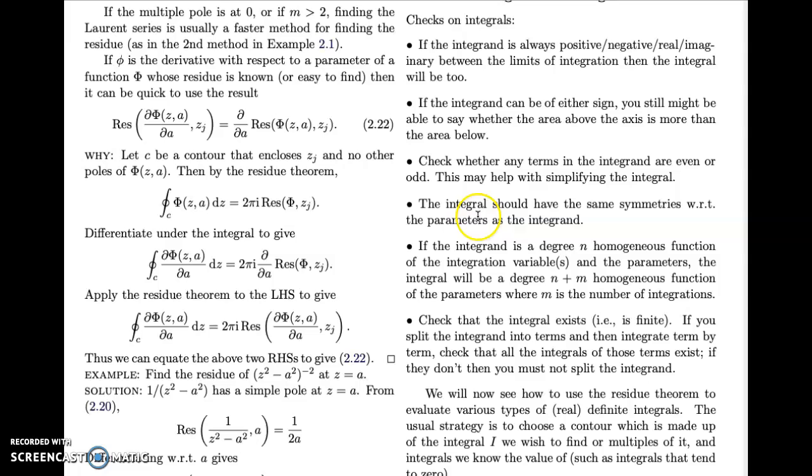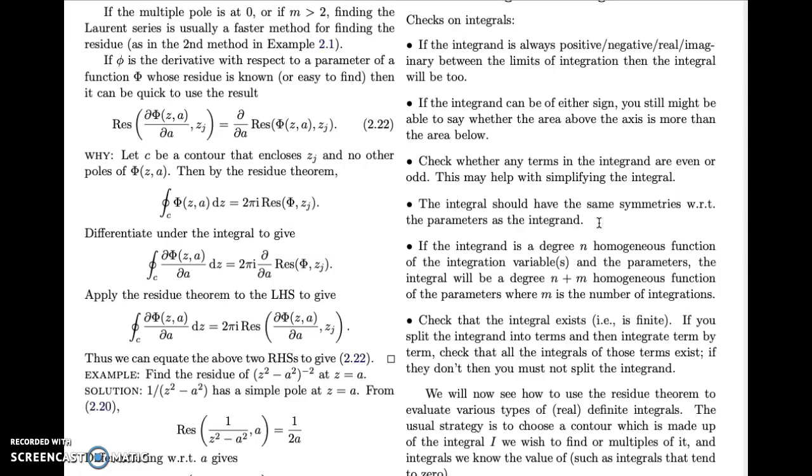Okay, so this one: the integral should have the same symmetries with respect to the parameters as the integrand. So what are we saying here? Basically, if you've got two parameters, say a and b, and you can swap a and b and the integrand looks the same.